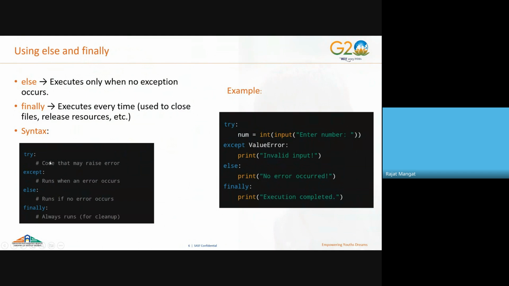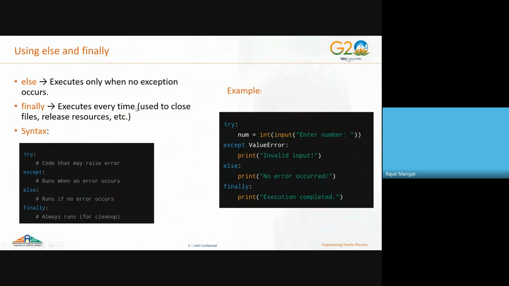If any error occurs in the try block, the else block will not get executed. Instead, the except block will get executed. Okay, remember it. If the try block is completely executed, then the else block will also get executed. If the try block fails, then the except block will get executed and the else block will not get executed.